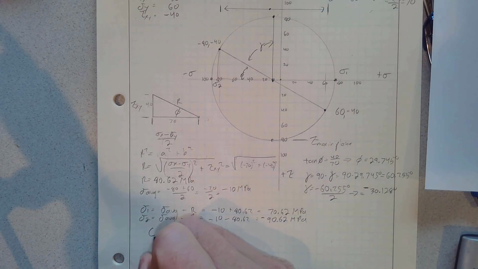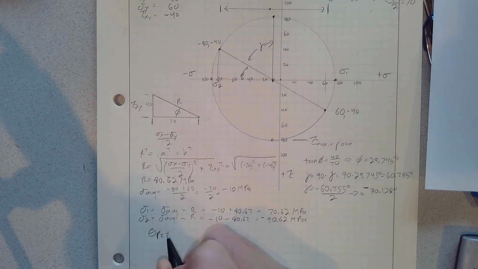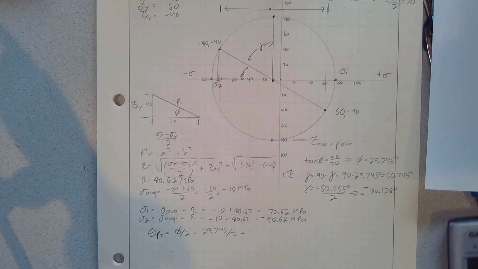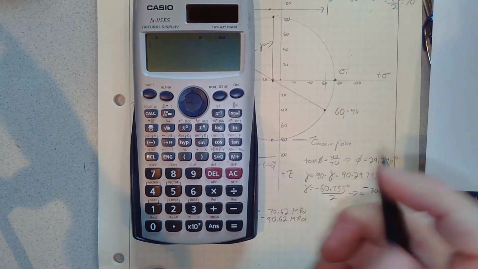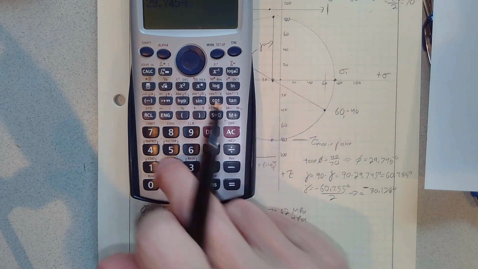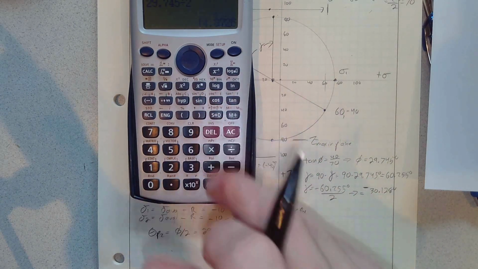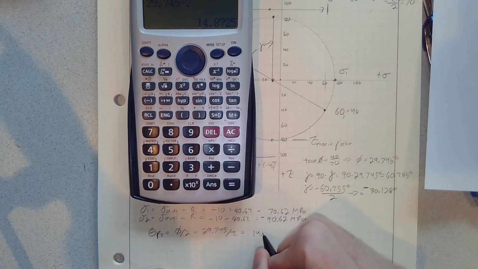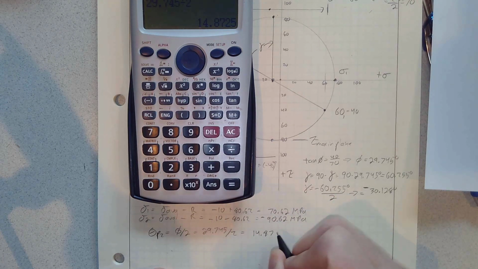So the angle we need to rotate to get to our principal plane 2 would be equal to phi divided by 2. In this case, that's 29.745 degrees divided by 2, that's equal to 14.8725.